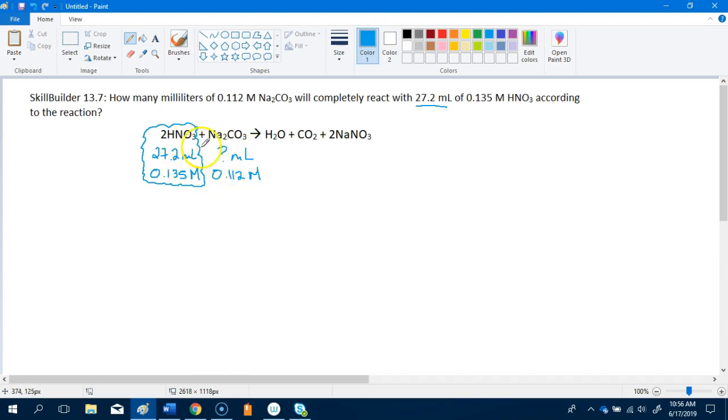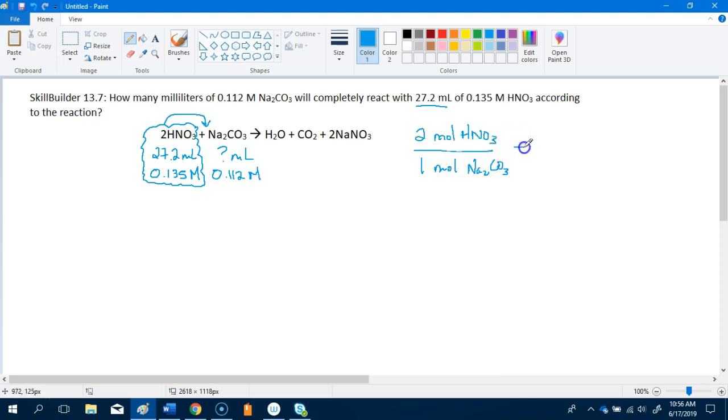One other given here is the ratio of moles of hydrogen nitrate to moles of sodium carbonate. So for every 2 moles of hydrogen nitrate reacts with 1 mole of sodium carbonate.